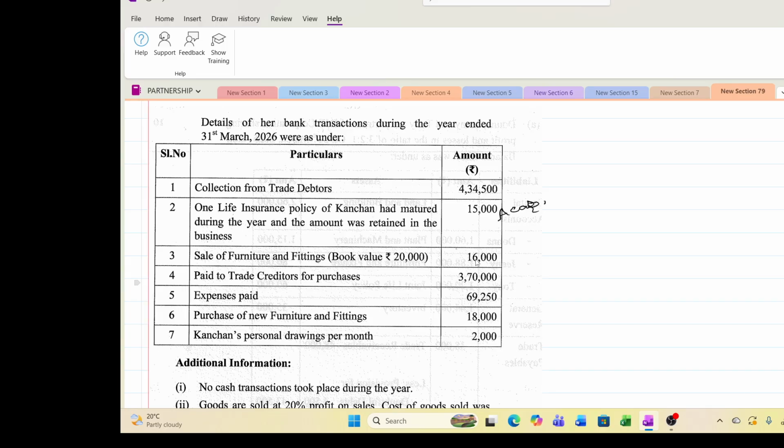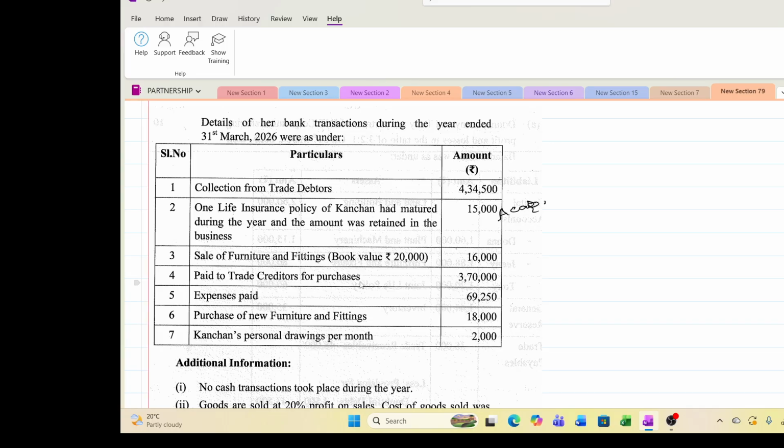In your bank account we have to record the receipt of 16,000, and in our P&L account there is a loss of 4,000. So see here, 16 plus 4 will appear in your debit side of bank account and P&L account, and 20,000 will appear on the credit side of furniture account. So both the aspects has been covered.